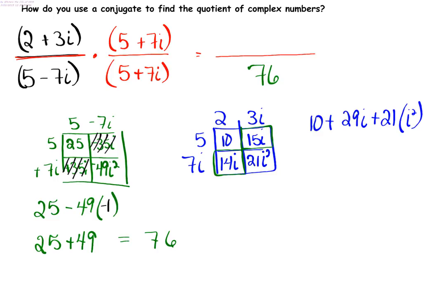And just like I did the last time, I'm going to erase that little i squared, and I'm going to put negative 1 in there. So, this is 10 plus 29i minus 21. Collect like terms. It's negative 11 plus 29i. And that's my numerator.